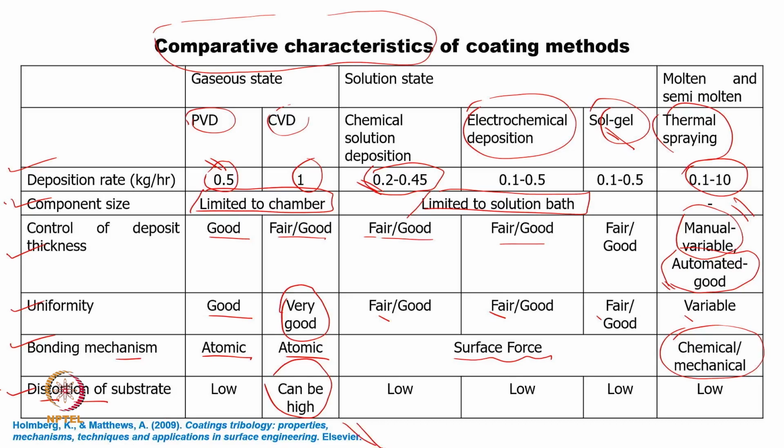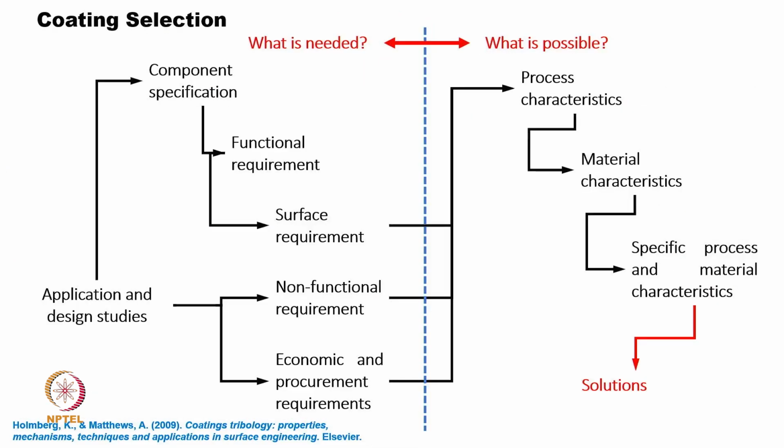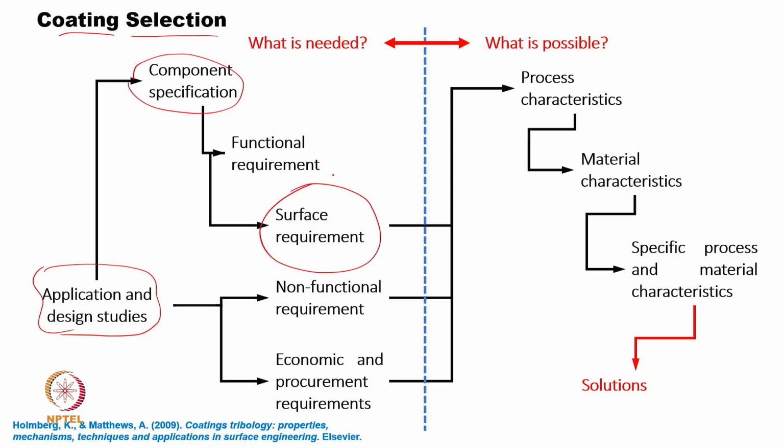Again, this is basically illustrating how to utilize a method and how to utilize this table for coating selection. Now, when we start thinking about coating selection, we need to look at the application, the requirements, the functionality, what kind of components we are using, and what kind of surface treatment is really required.